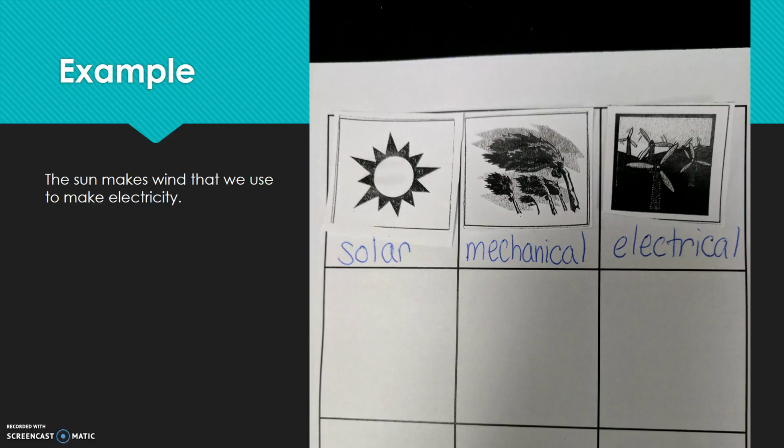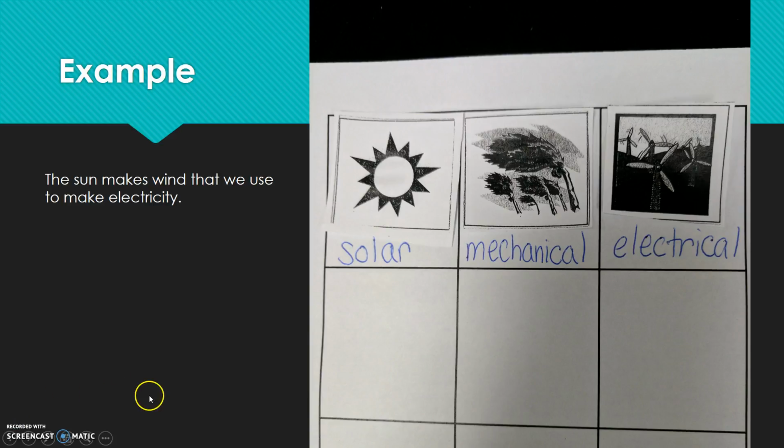So solar energy makes wind that moves to make electricity. So that's 3 energy transformations between the other 3. So I'll give them about 3 minutes to go ahead and cut out these pictures onto the paper.